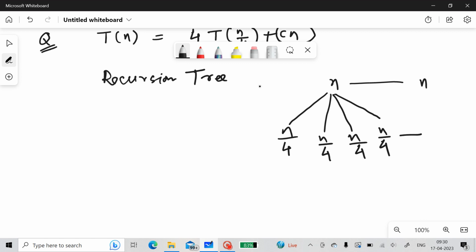If you consider that big O of n time is taken for processing each input split, then you will take n over 4 time at each of these four nodes. If you add all that, you will get n again.